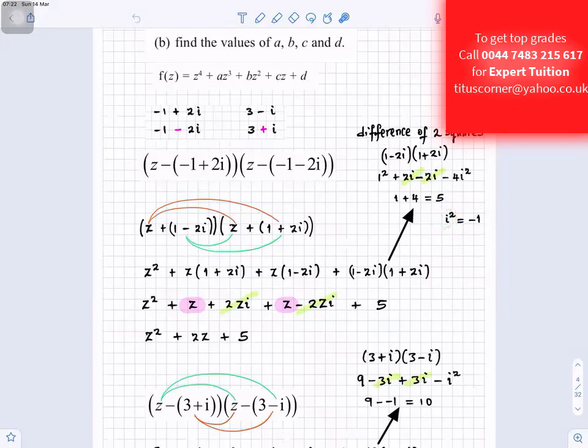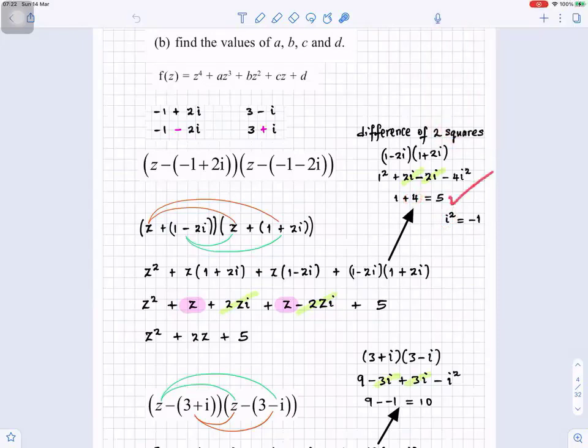So -4 times -1 will give you +4. That's why 1 + 4 gives you 5. So we know z squared, z plus z, the pink one, will give you 2z. -2zi and +2zi, the ones in green, will cancel each other. And then +5. So you've got z squared + 2z + 5. So that's the first one.